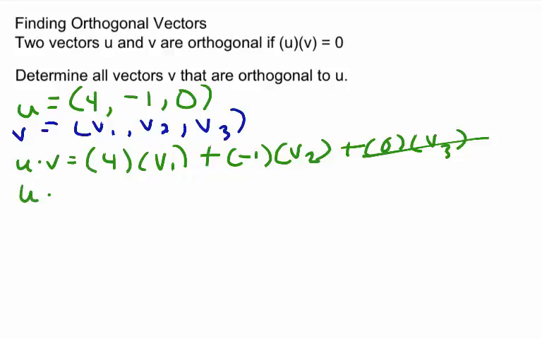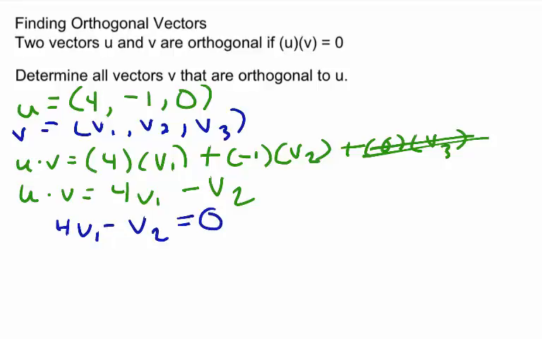So we have that u times v is equal to 4 v sub 1 minus v sub 2. If these two vectors are orthogonal, then we expect 4 v sub 1 minus v sub 2 to be equal to 0, and to find solutions for v.